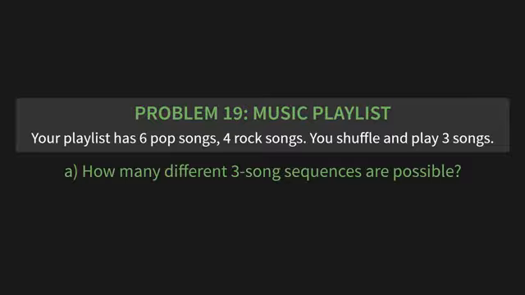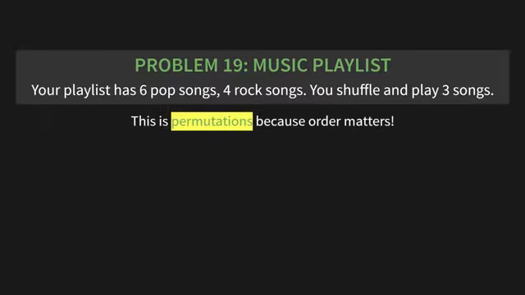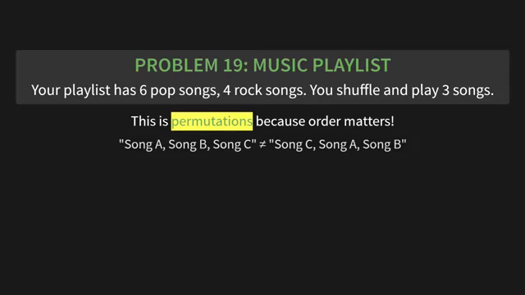Let's analyze what happens. First up, how many different 3-song sequences are possible? This is permutations, people. Why? Because order absolutely matters. Shake It Off, followed by Bohemian Rhapsody, followed by Levitating, is a totally different vibe than hearing them in reverse order.